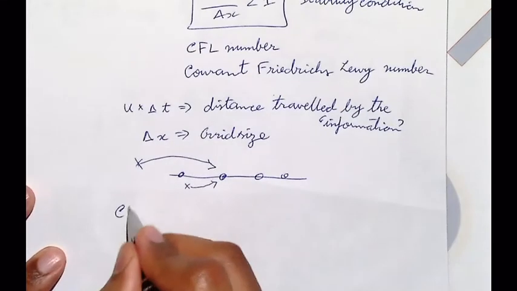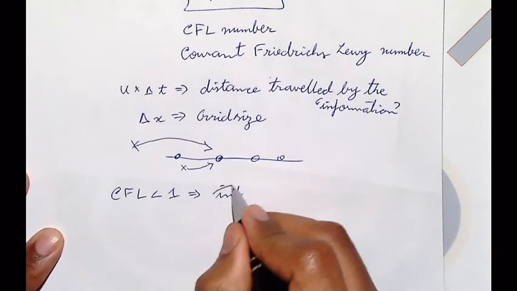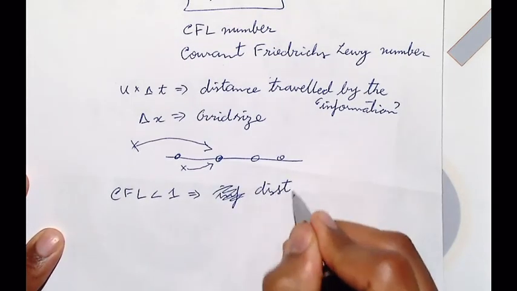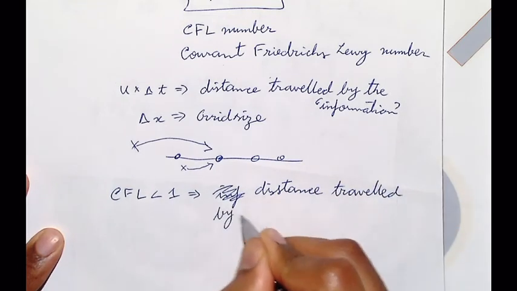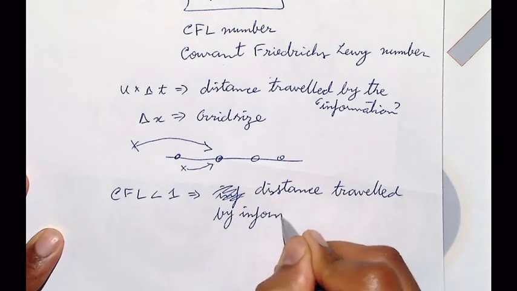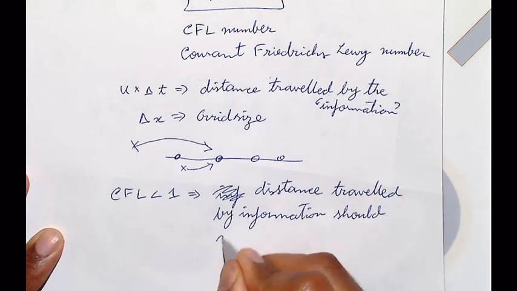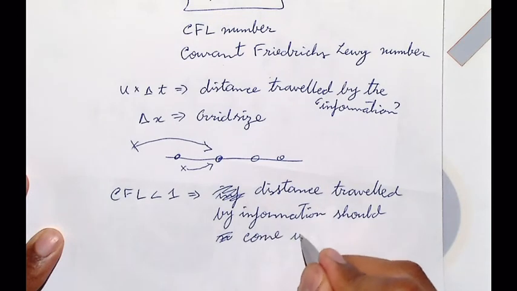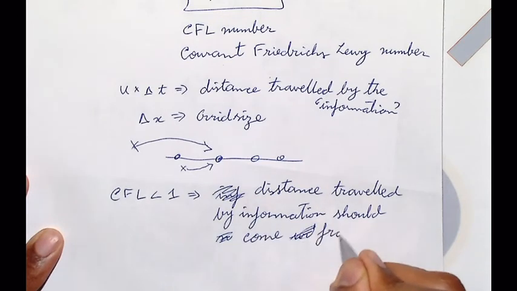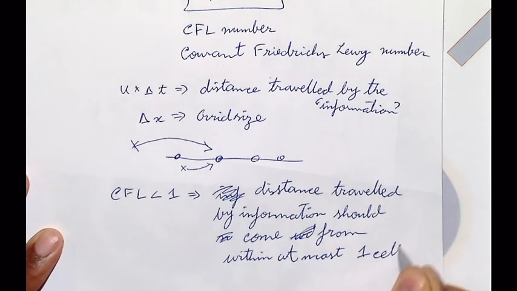So CFL less than 1 implies the distance traveled by information should come from within at most one cell length away.